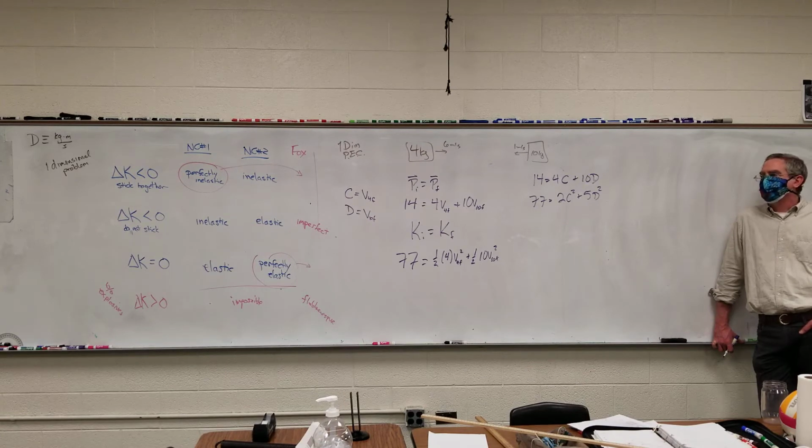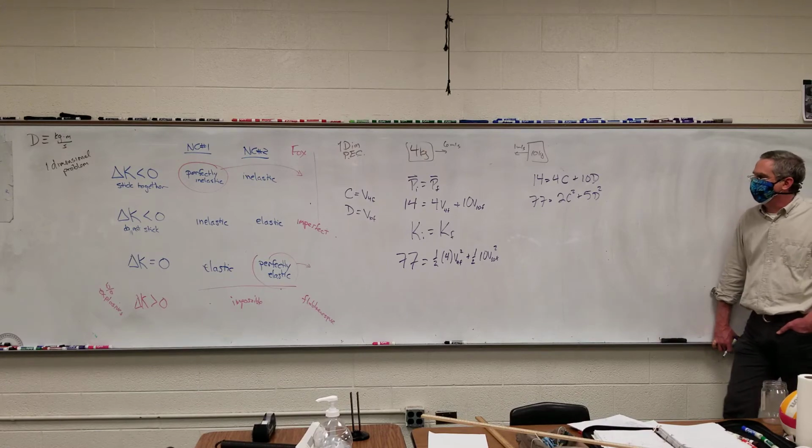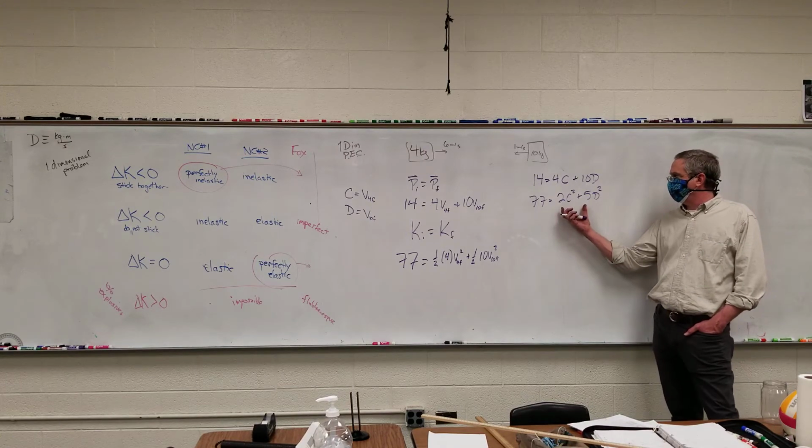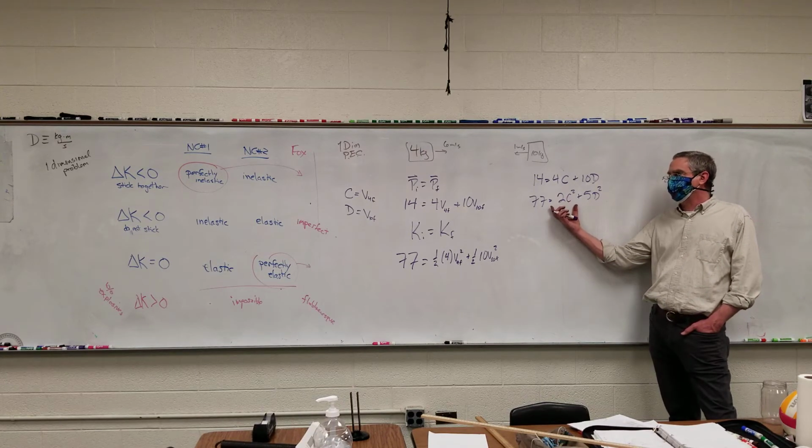I would go ahead and square the 2C and the 5D, so I can get the 4C. That way I can cancel those two. Oh, wait, so you said square this equation? Yes.